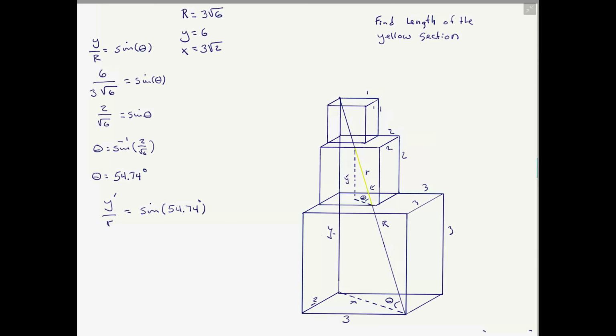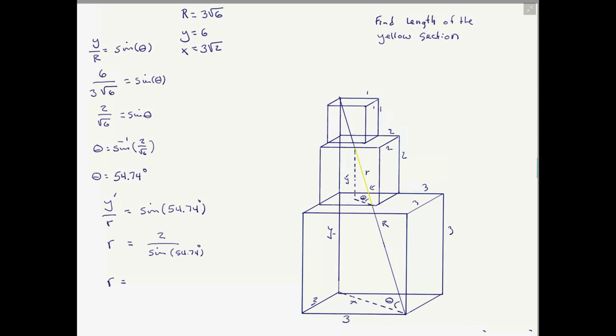So what we're looking for is y prime and r, small r. Okay? And small r is the segment that we're looking for. So y prime over small r equals the sine of 54.74 degrees.